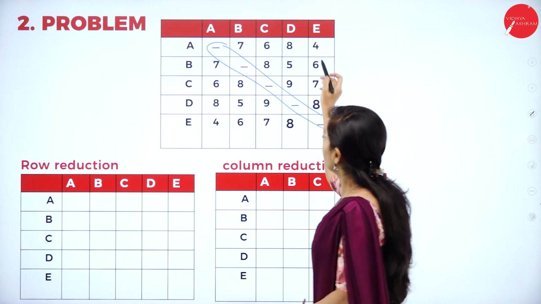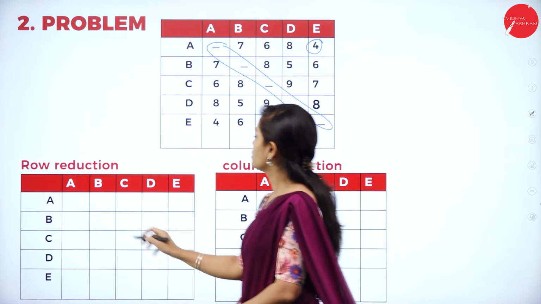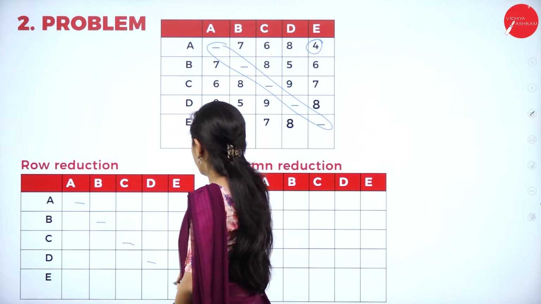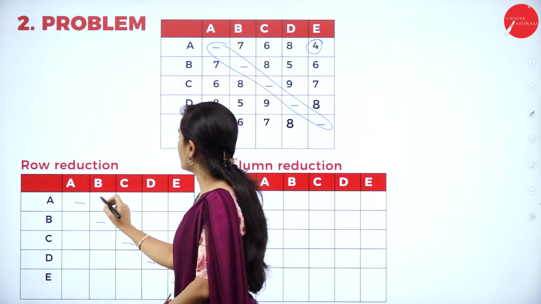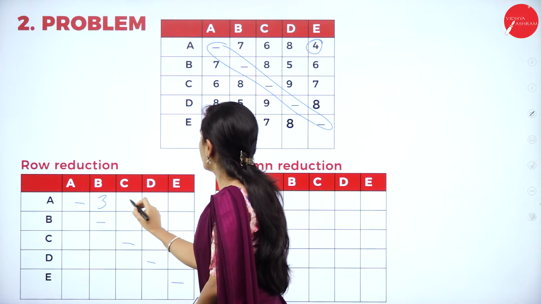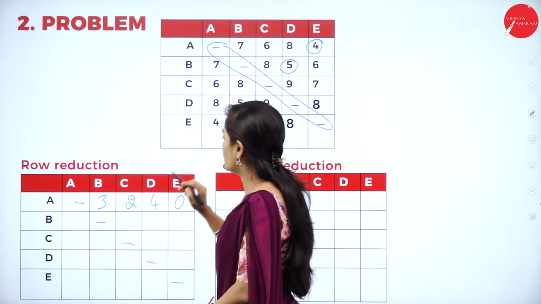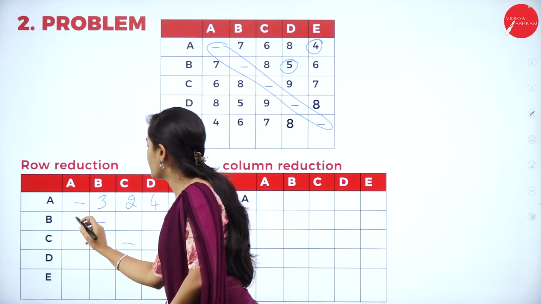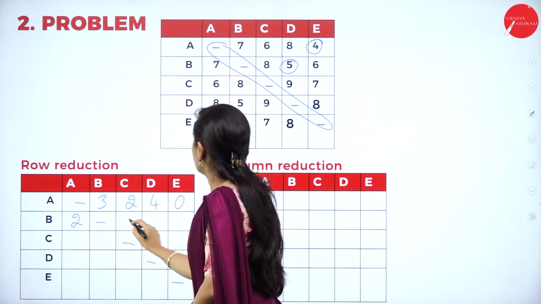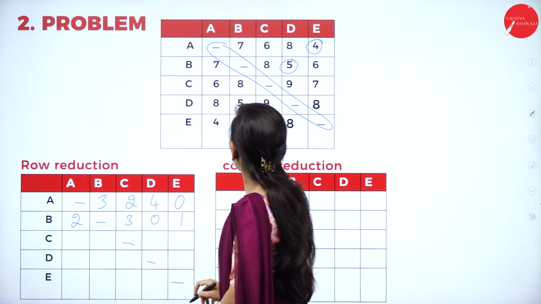So here in the first row the least value is 4. The least value is 4, so 7 minus 4 is 3, 6 minus 4, 8 minus 4, 4 minus 4. In the second row, the least value is 5. So 7 minus 5 is 2, and 3, 0 and 1.